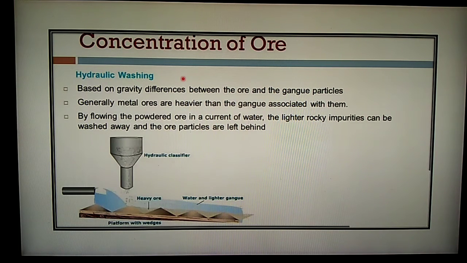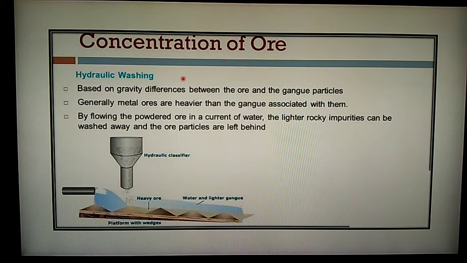Other than oxide ore is not introduced into this concentration process. Why is only oxide ore used in this hydraulic washing process? Because our oxide ore is a heavier ore. You know, our ore contains gangue particles, so our impure ore consists of two components.